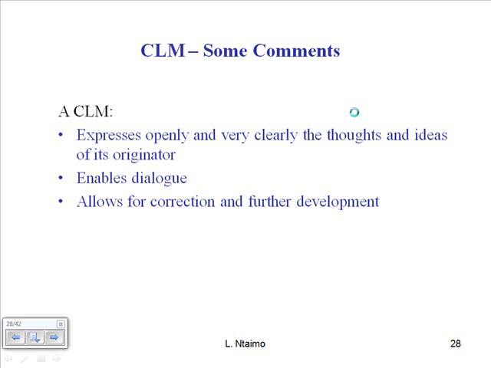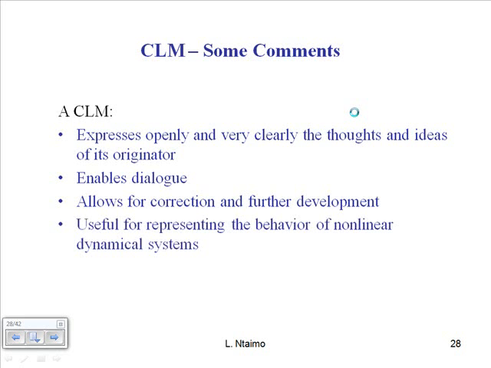When we do causal loop models, it takes time. It's a process. Another point about causal loop models: they are useful for representing the behavior of non-linear dynamical systems, because you can actually see the dynamics when you look at the causal loop model. I can take a causal loop model and create a simulation of it in order to realize the dynamics of what's going on.